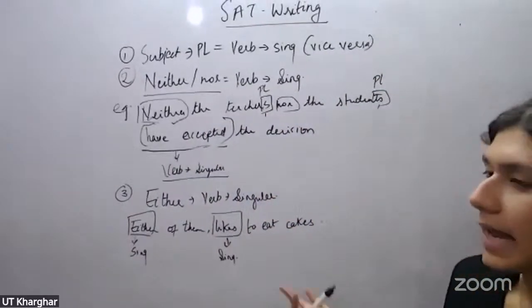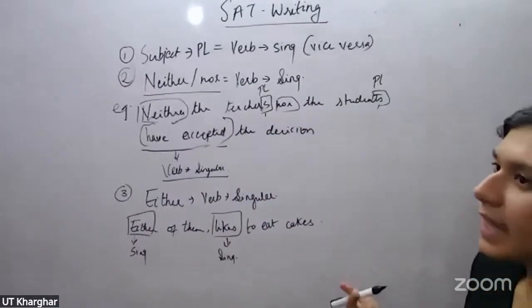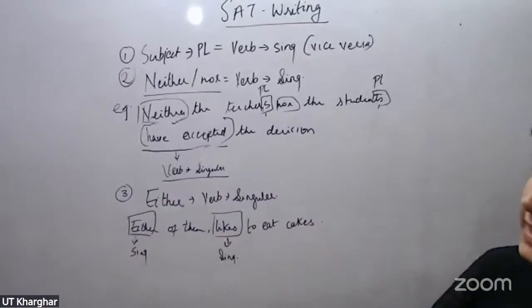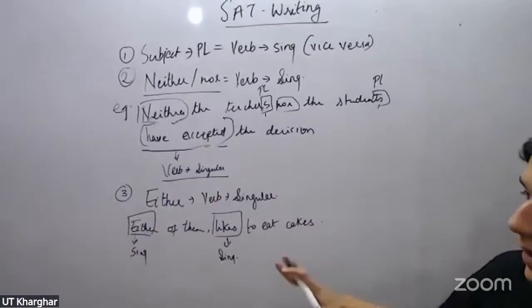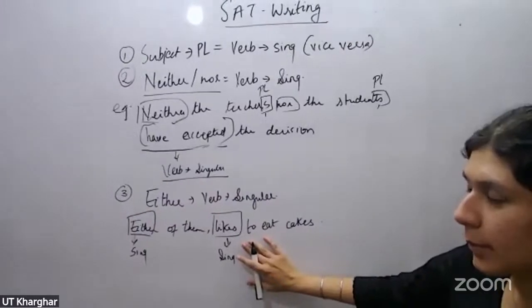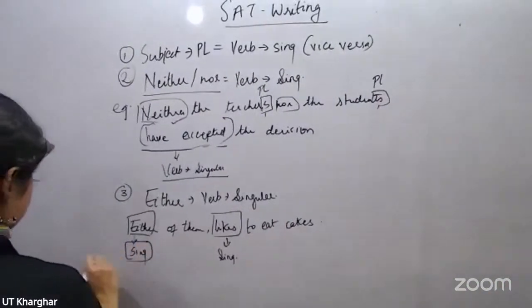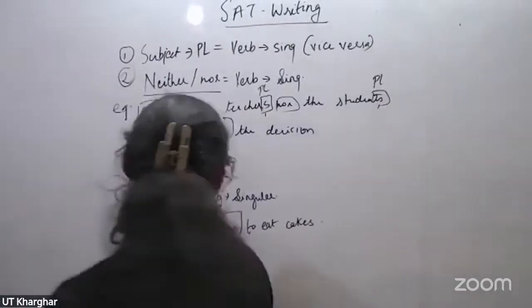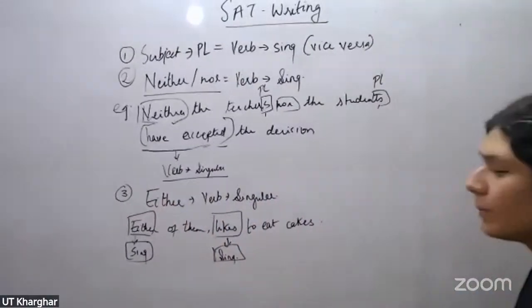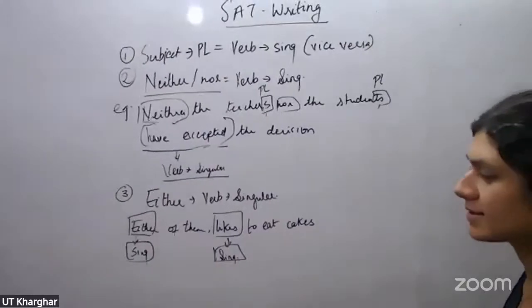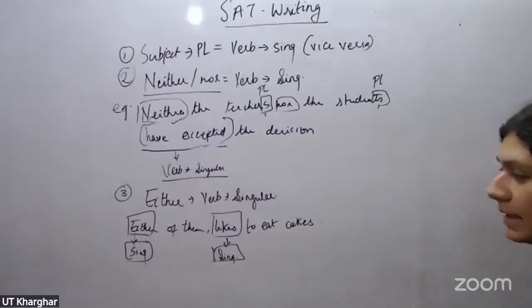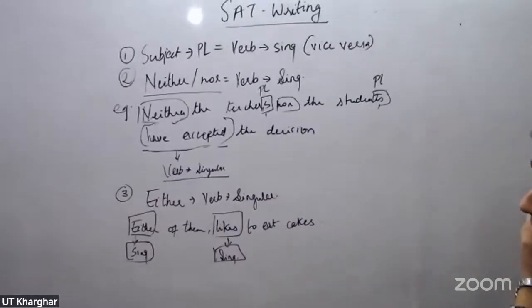Because as we know that either of the two or either of them, we are talking about one, irrespective of the number. So this is basically an exception. Whenever you have the word either, remember that the verb will always be singular. It won't be either of them like to eat cakes. No, this is wrong. Either of them likes to eat cakes. This is the right structure. Okay?